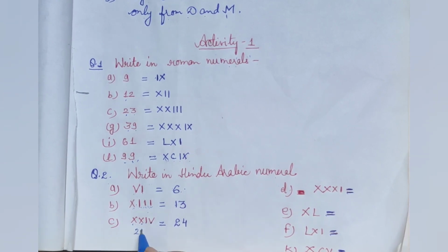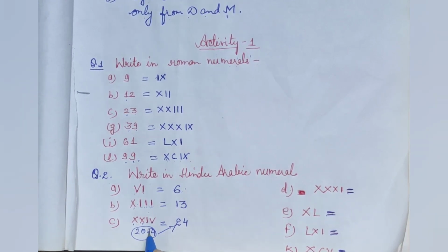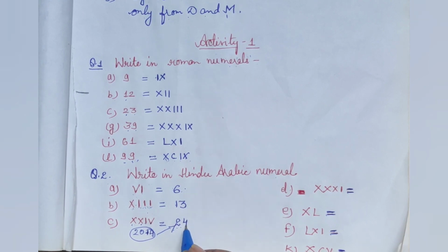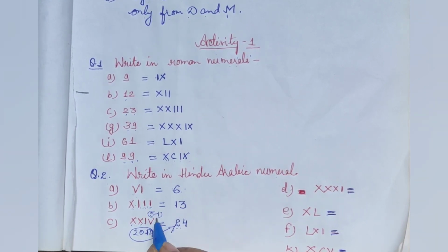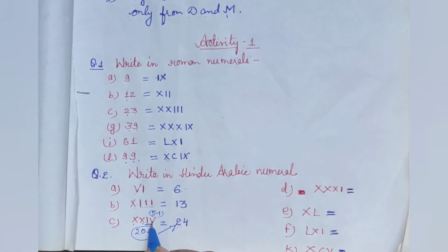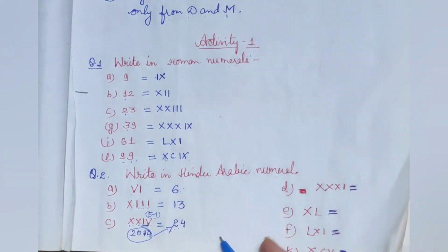So 5 minus 1, that is equal to 4. So 20 plus 4, then we get 24. IV is used for 4 in Hindu-Arabic numeral.